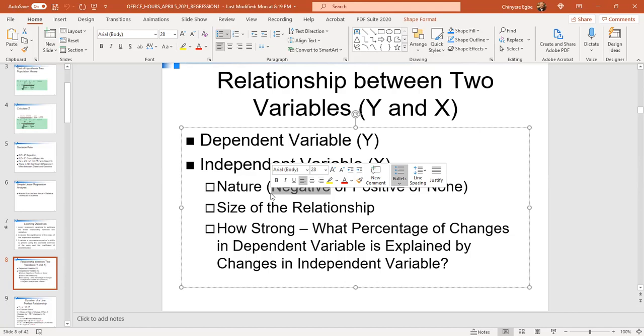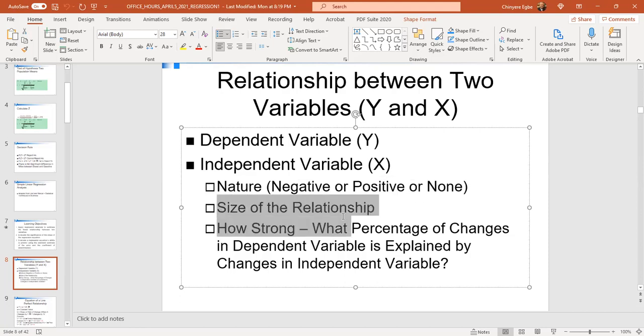The higher the price, the lower the quantity demanded. And so we have a negative relationship. One goes up, the other goes down. Okay. We also estimate the size of the relationship. Okay. For example, when you think about, say, family food expenditure and family size, you ask yourself, for each additional 1% in family size, how much additional does the family spend on food?